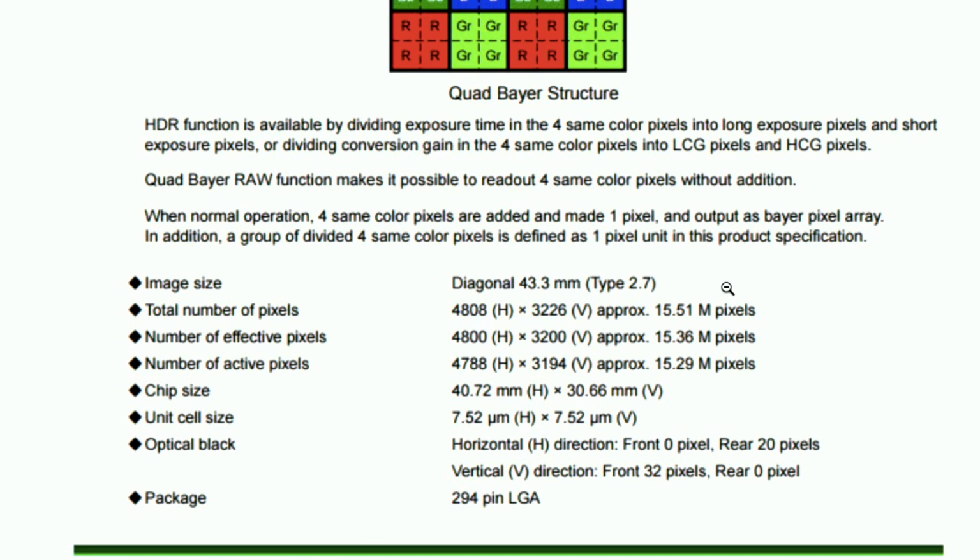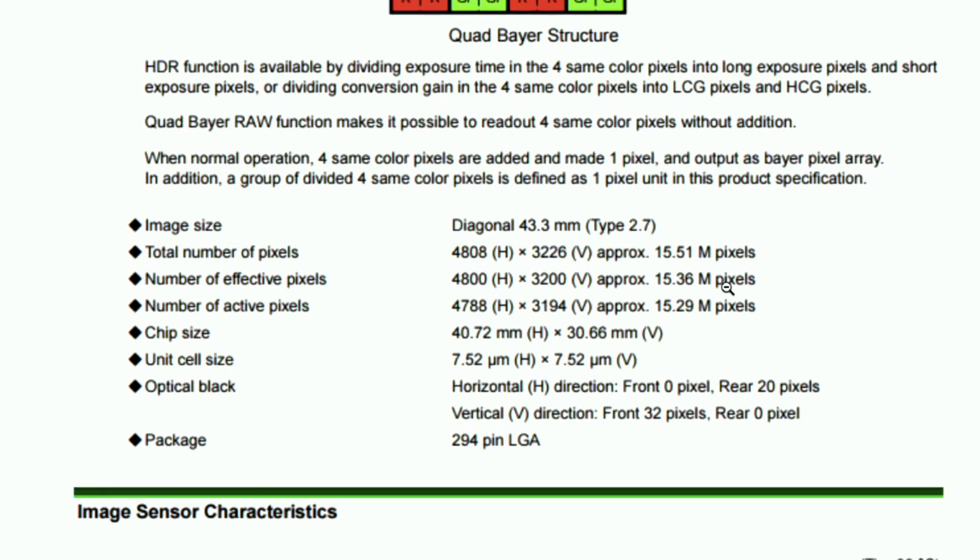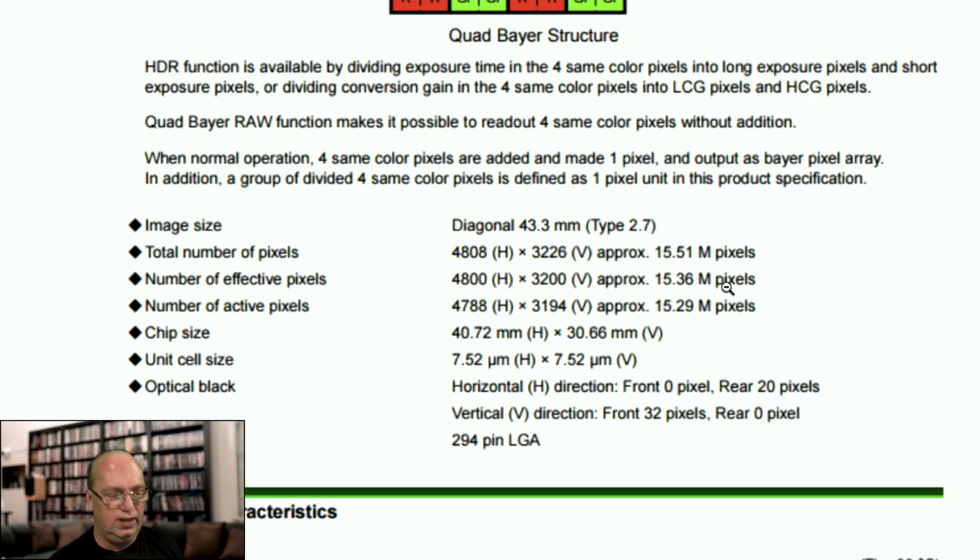And then it becomes a little bit cryptic. In addition, a group of divided 4 same pixels is defined as 1 pixel unit in this product specification. That kind of makes you think that you can only read out 1 megapixels, right? And also that's what you are seeing here.